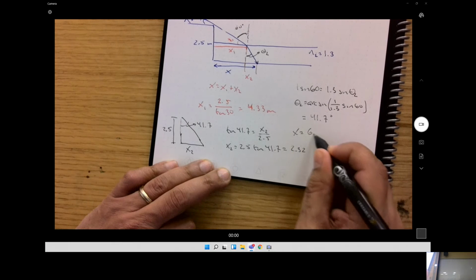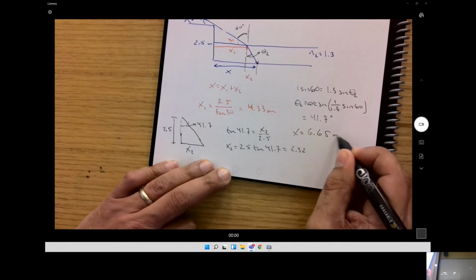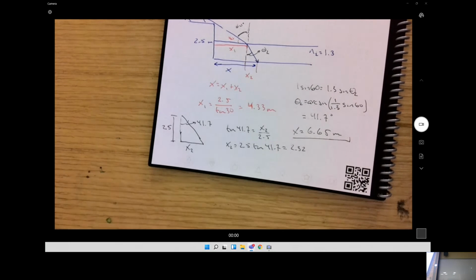X will be 6.65 meters. Yeah, makes sense. Okay, now repeat the same problem, but now imagine that Jason now covers 4 meters of the pool with water.